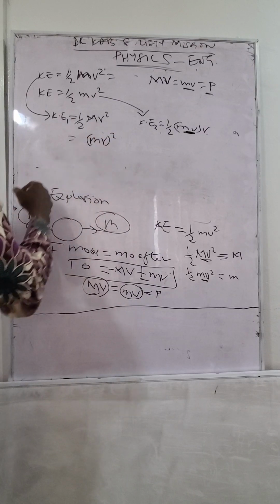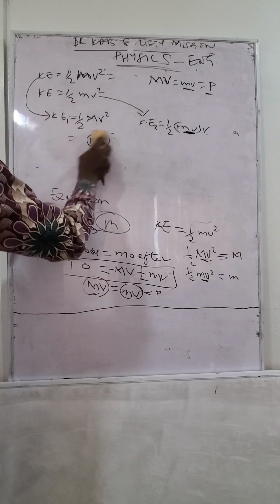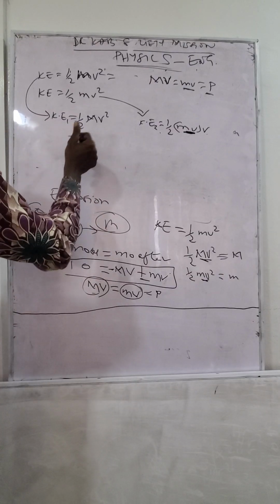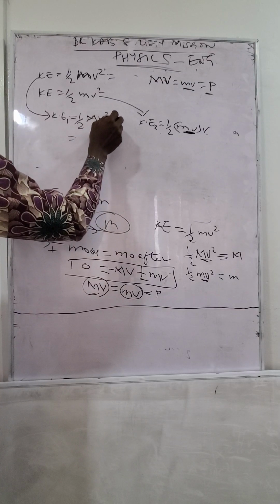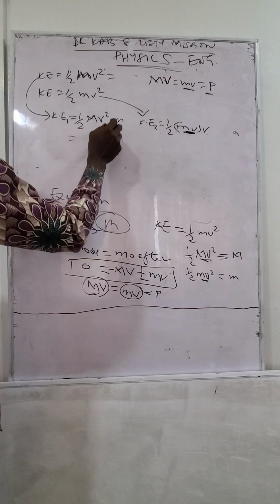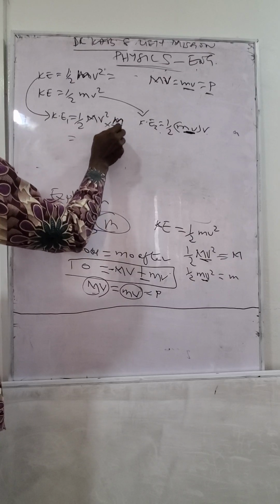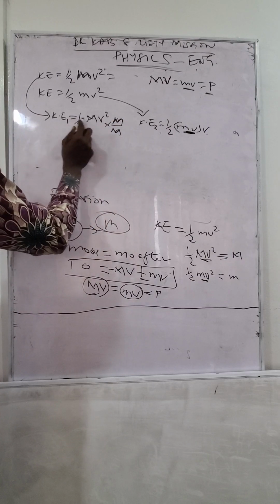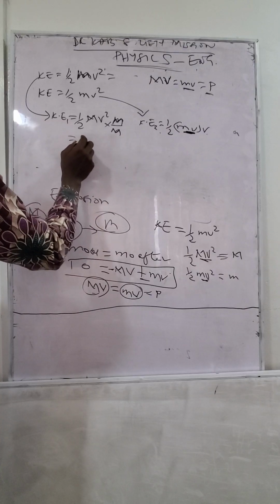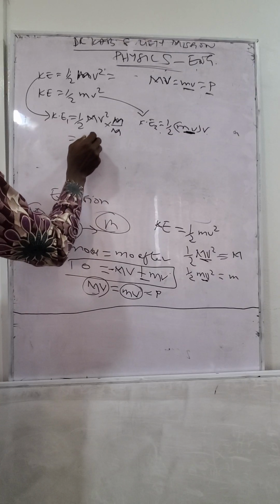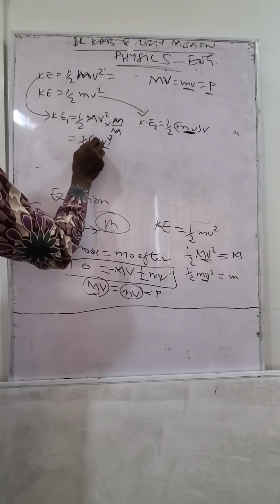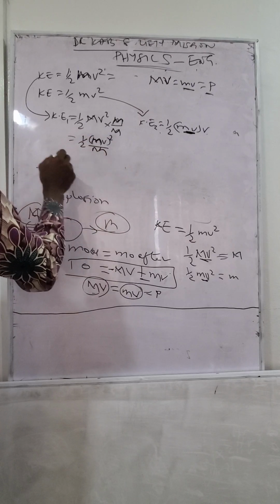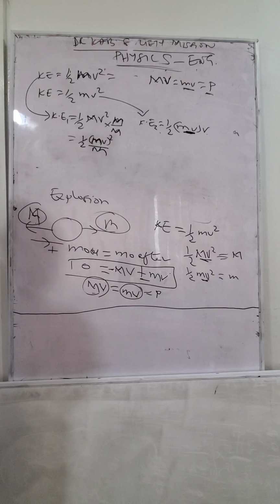If we multiply the top by M and that one by M, we will come back to have half M V squared over M. This is what I mean.